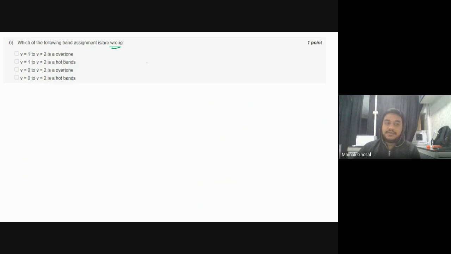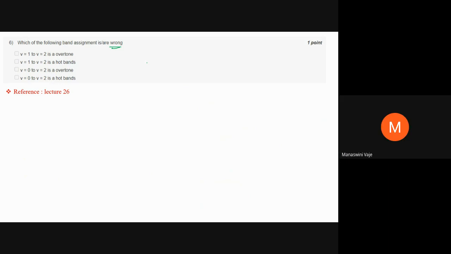You just need to find which one is not overtone, which one is not hot band. Was this already discussed in lecture number 26? Can you tell me the answer? First and last.